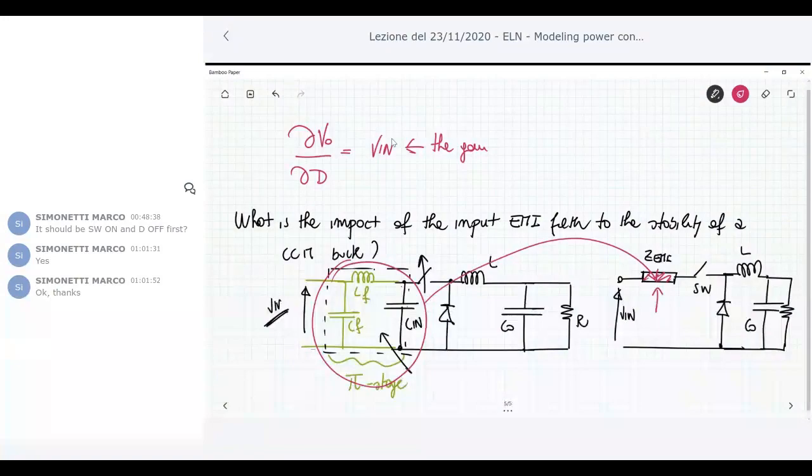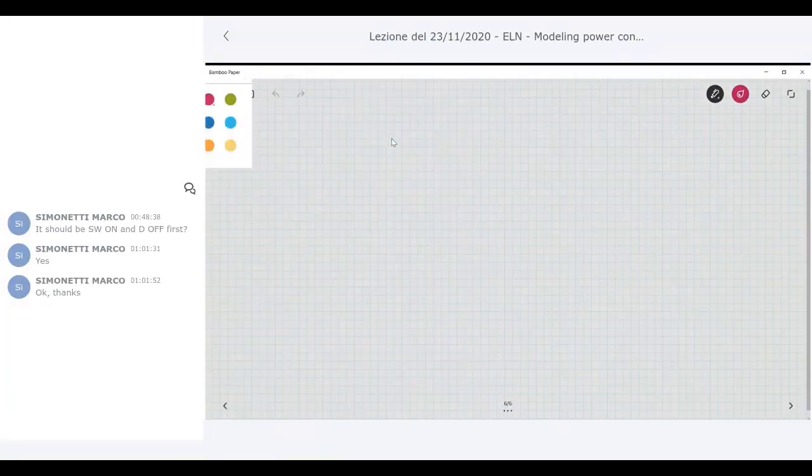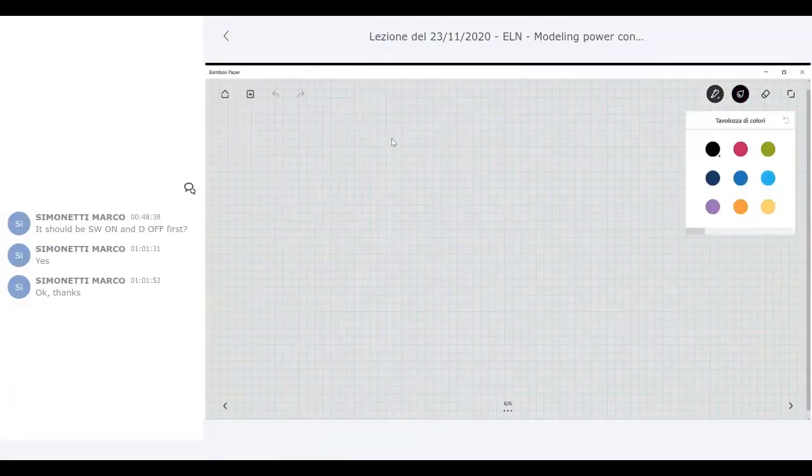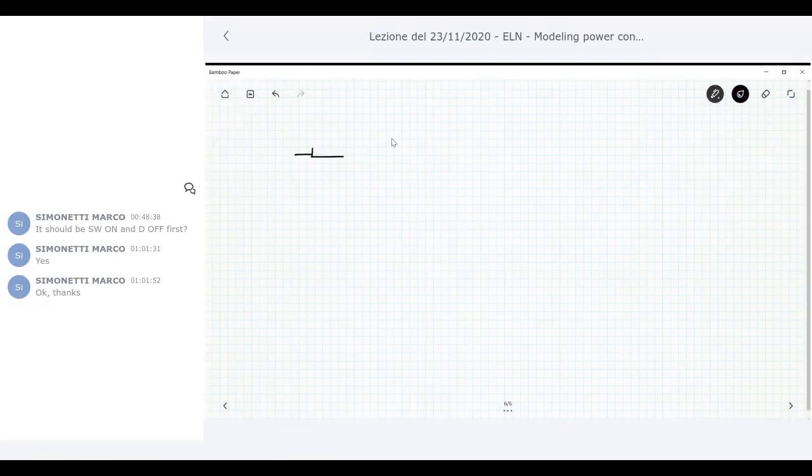So let me again replace my switch network with its small signal average model that we previously derived, and see what happens. The analysis is somewhat similar to what we did before, but now we have an impedance at the input, the impedance zeta EMI. Here we have the active node, and there you have the current source.